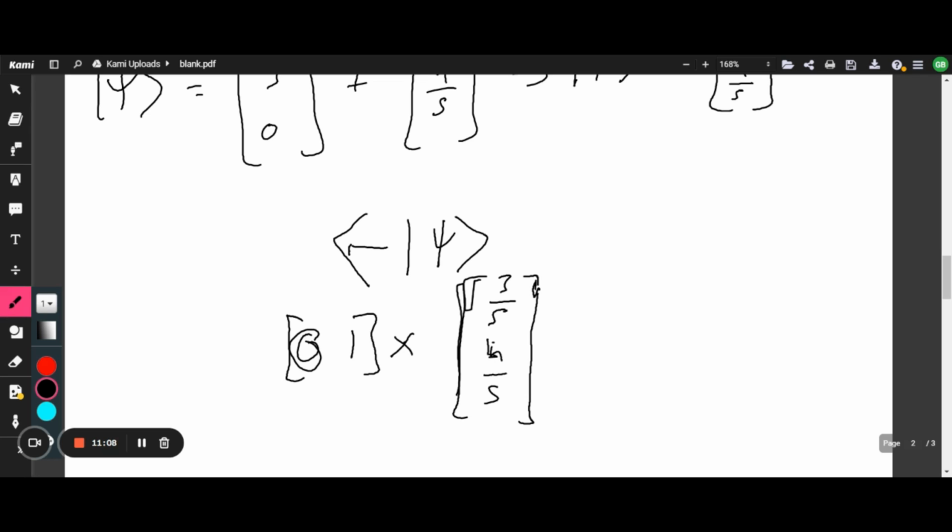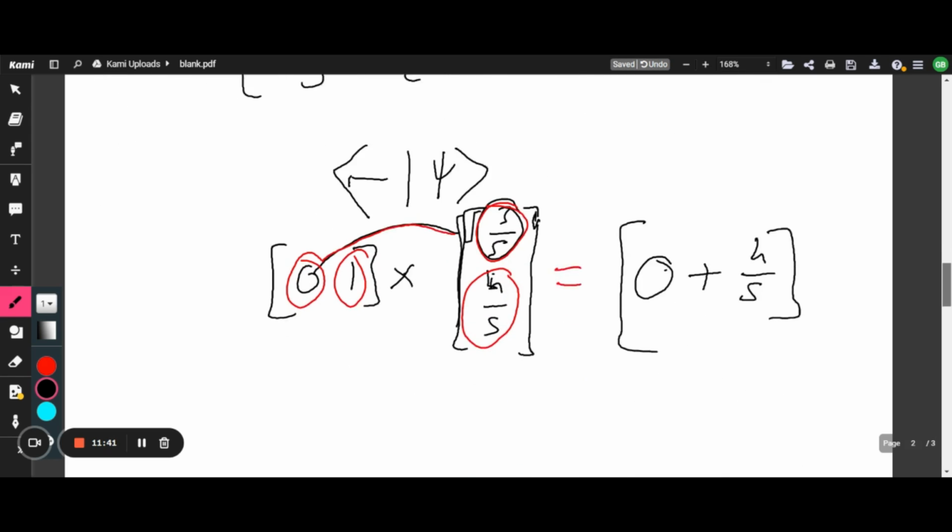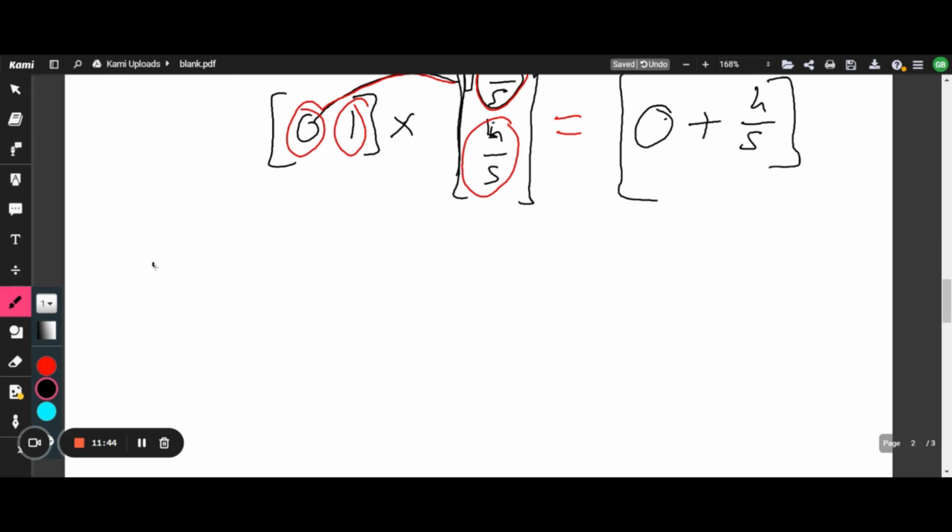So 0 times 3/5 is 0, plus 1 times 4/5, which is 4/5. So we get our inner product as 4/5.